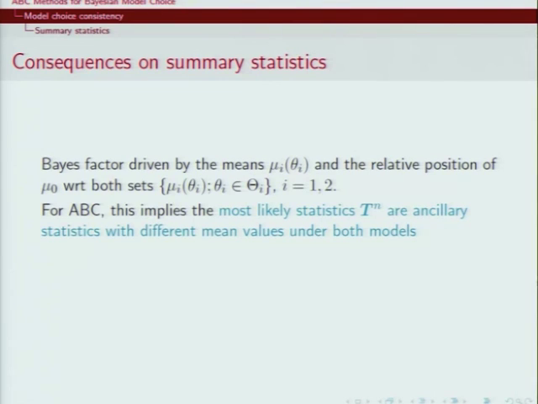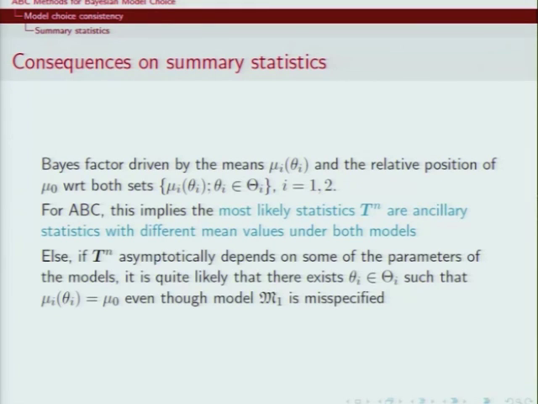This is the most interesting case, of course, because that's the easiest to establish. But in complex models, it's not necessarily the case that we can come up with ancillary statistics. So maybe I'll have time to show one example where we try to identify the right statistic. In other cases, we have to run simulations where we identify that for the theta i's of interest, the means are different.